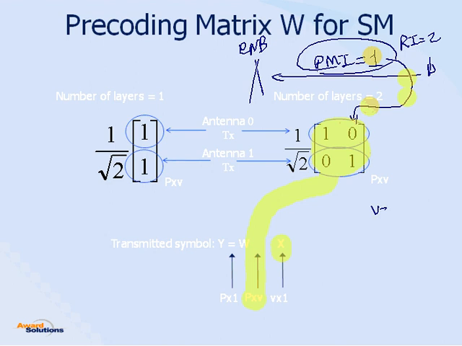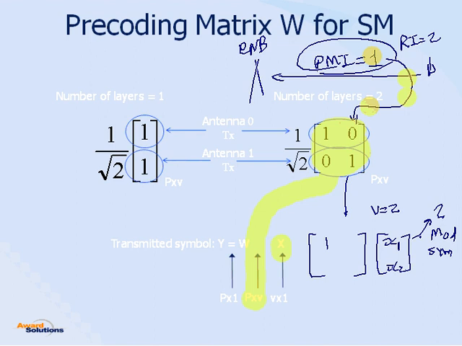Let's say V is two layers, so I will have modulation symbol 1 and modulation symbol 2. These are 2 modulation symbols. And now I will multiply that by this pre-coding matrix 1 0 0 1.